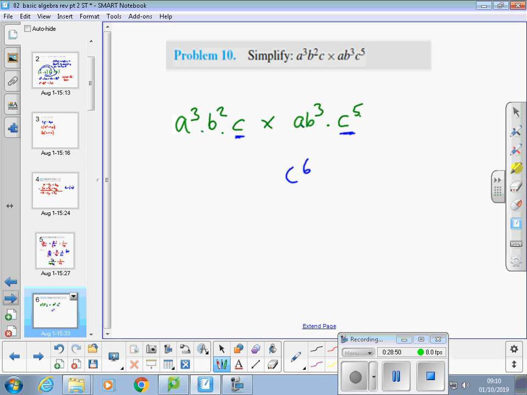That's a times b, so you can treat that a as being on its own. So a cubed times a is a to the 4. And b squared times b cubed is b to the 5. So the answer is a to the 4, b to the 5, c to the 6. Yeah?